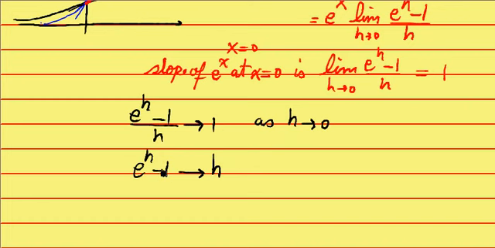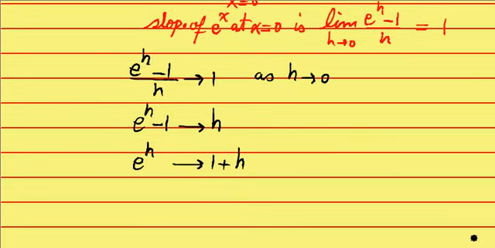Now I'm going to move this 1 to the other side and write it as e to the h approaches 1 plus h as h goes to 0. Finally, I'm going to take the h-th root of this. So from both sides, I'm going to raise both sides to the power of 1 over h.